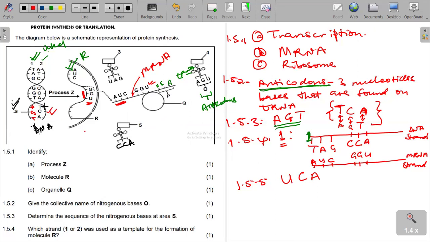UCA must be the order, because we have A, G, T on this side, which must complete this last part here.